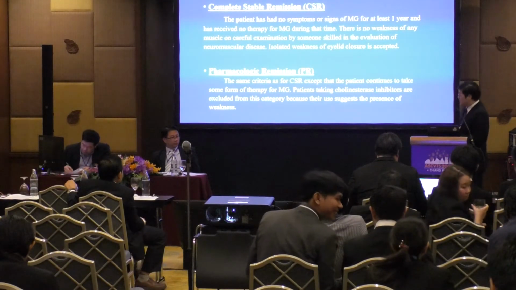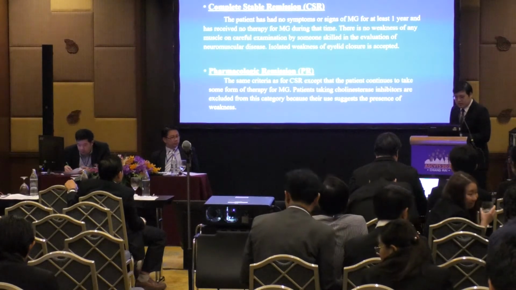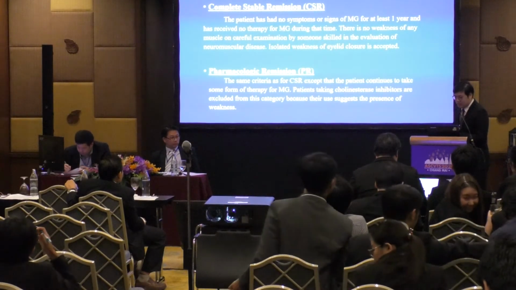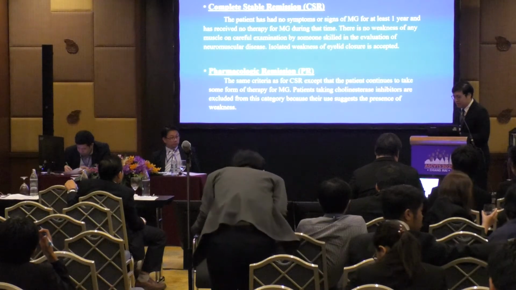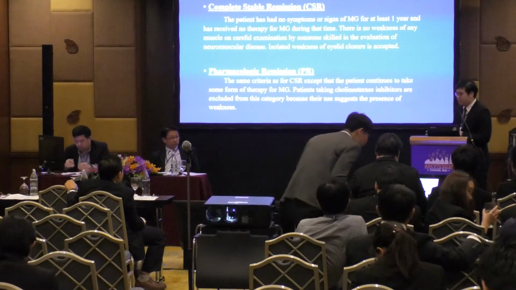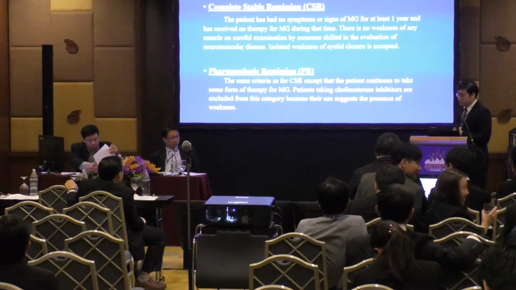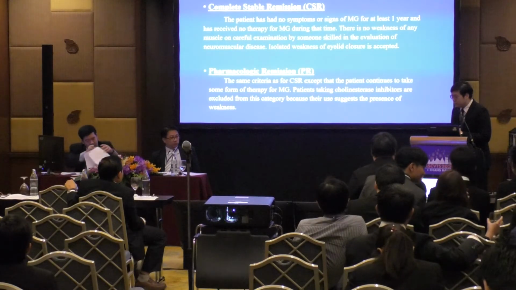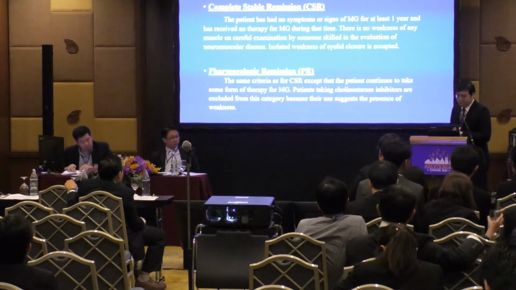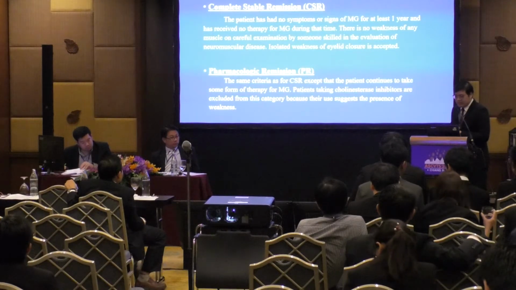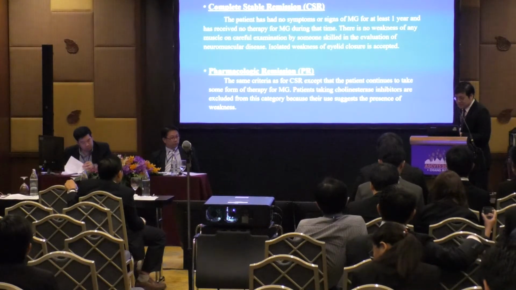The first one is complete stable remission. That means this patient group had no symptom and sign of MG for at least 1 year that we followed up and did not have to use the drug. The second is pharmacologic remission.